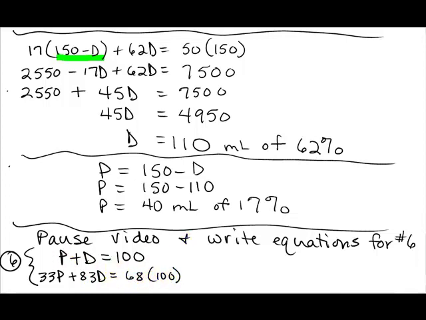So now we're going to rewrite this as P equals 100 minus D. This becomes your substitute for the P in the other equation. Go ahead and pause the video again and try and work it out for yourself. And then after you've worked it out, come back and check to see if you got it correct.